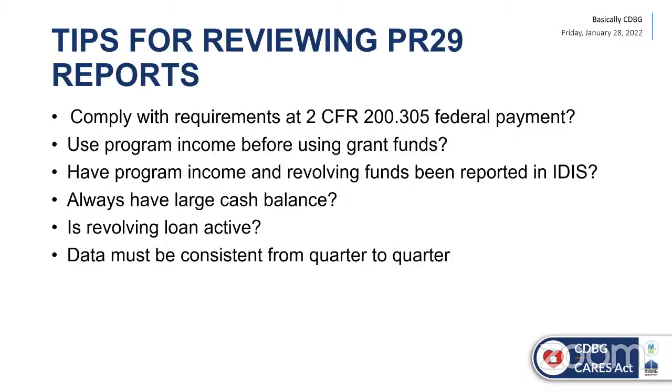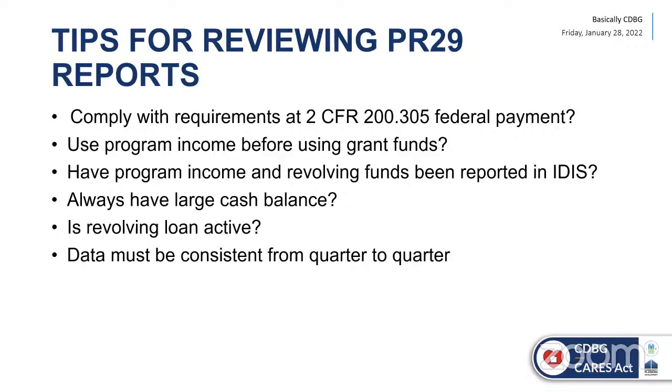And if you have a large cash balance of program income, that could indicate a problem if you haven't been using it first, or if it's a large cash balance because you have a large revolving loan fund, is the problem that your revolving loan fund is not really active, that you're getting lots of money into it, but you're not spending money out of it? So all of these are the types of things that HUD looks at when they look at your cash on hand report. And the data must be consistent from quarter to quarter as well.